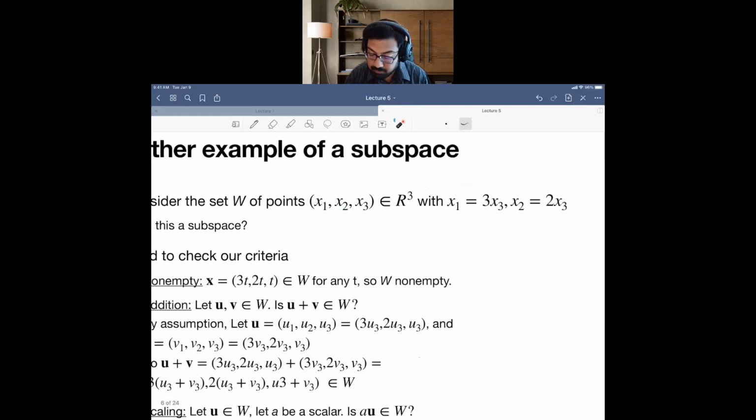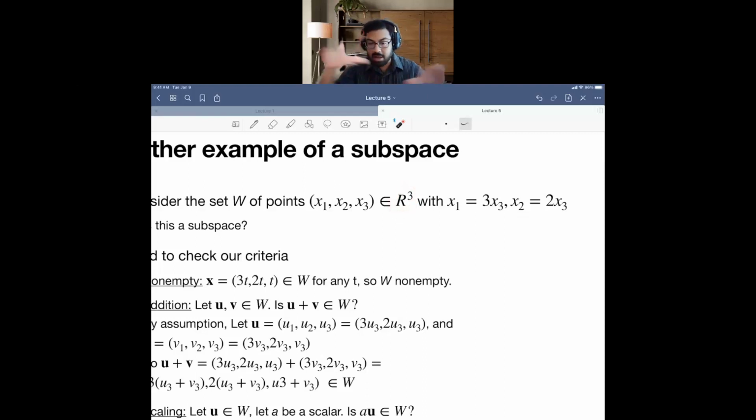And the criterion for this particular subspace is what? x1 should be 3 times x3. So the first value should be 3 times the last value, and x2 should be 2 times the last value. So this is essentially putting a constraint on our entire vector space. Our entire vector space is R cubed.